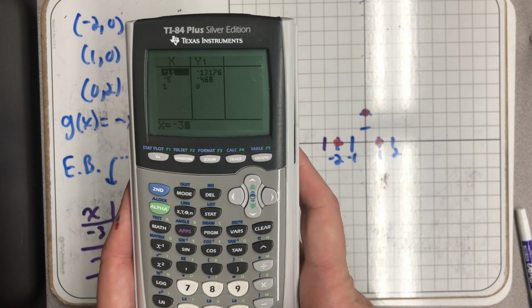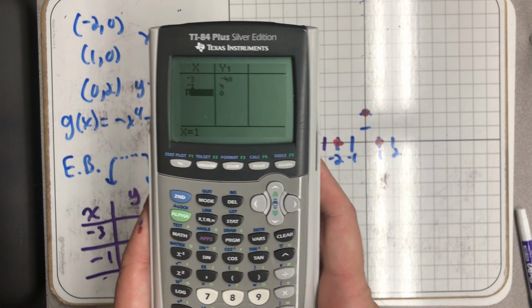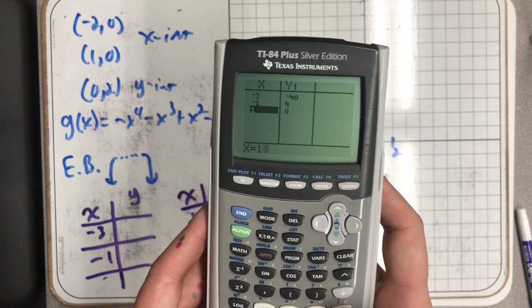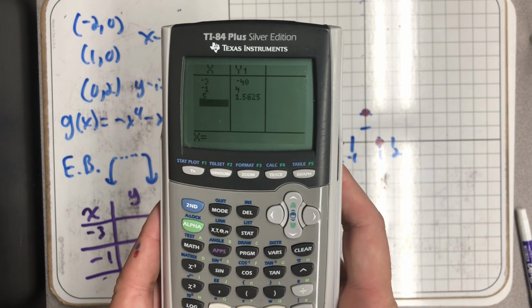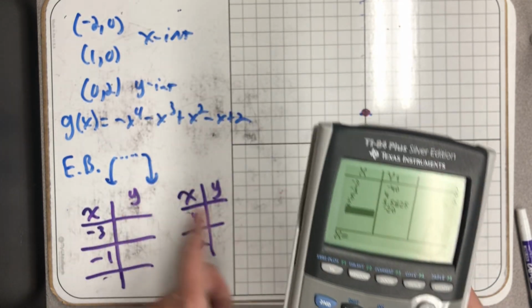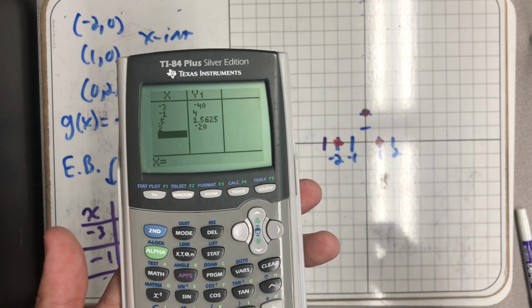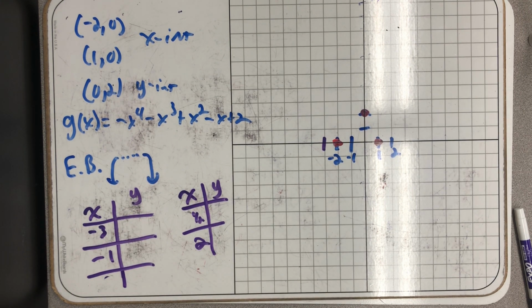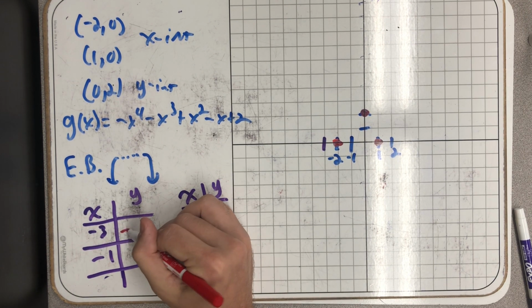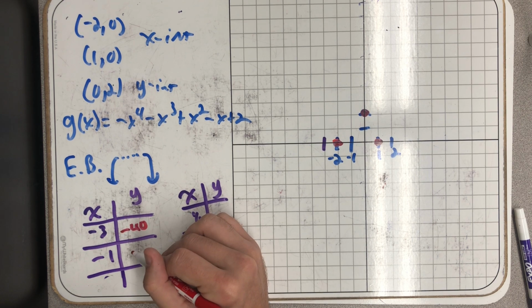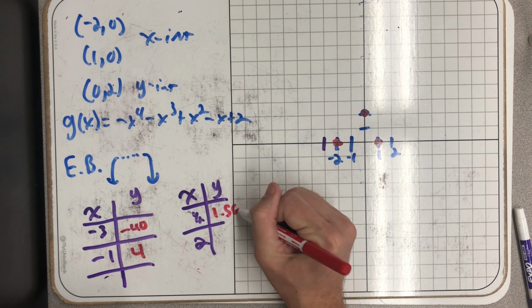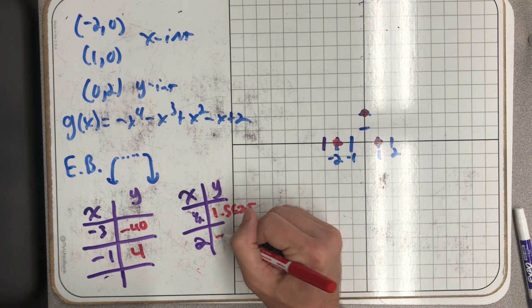So I'm going to type in minus 3, minus 1, 1/2, and 2. And so I can quickly fill in that table of values just using my graphing calculator. So I get minus 40, 4, 1.5625, and minus 20.